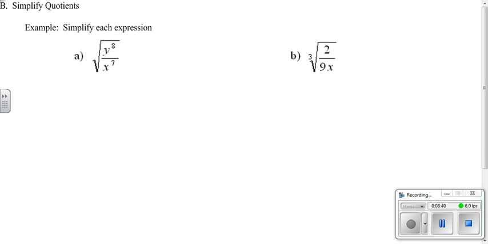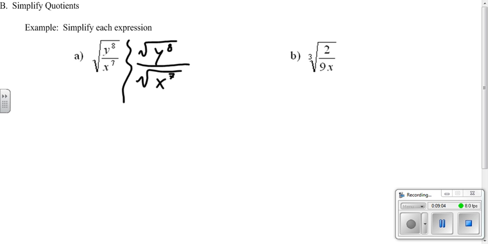And moving on from here, just like how we can take the product of numbers and split them up, we can also take a fraction of numbers, or a division of numbers, and split them up as long as we keep the same index. So we would split this one into square root of y to the 8th over square root of x to the 7th.